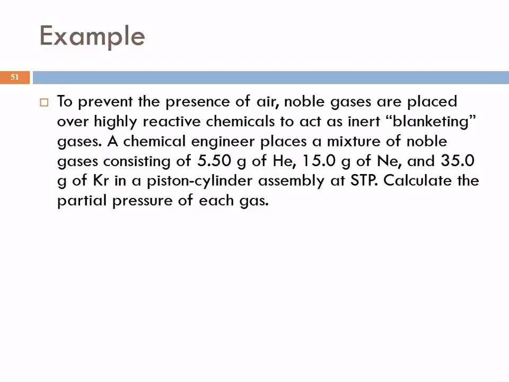So we need to cover them with something to prevent them from reacting. And so noble gases are often used because they don't react with anything. So a chemical engineer places a mixture of noble gases consisting of 5.5 grams of helium, 15 grams of neon, and 35 grams of krypton in a piston cylinder assembly at STP. Calculate the partial pressure of each gas.